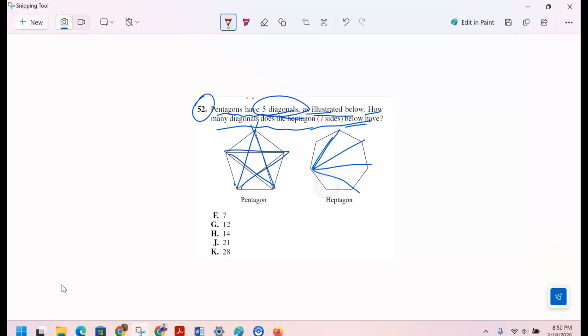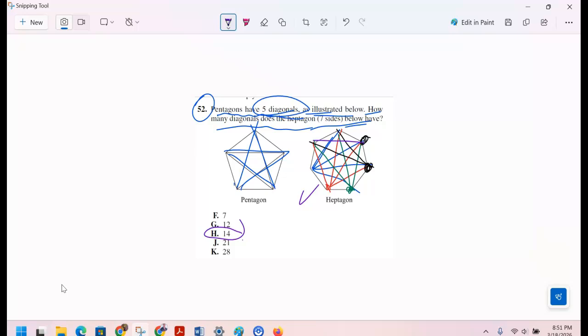From here, if I start at this point, it goes 5, 6, 7, 8. Then I'm using green from here, 8, 9, 10, 11. And I'm going to use another color, black, 11, 12, 13. And if I start here, I'll use a pink color, 14. So the answer is 14, one way to do this.